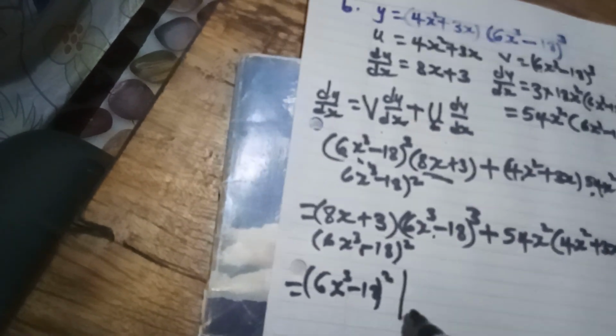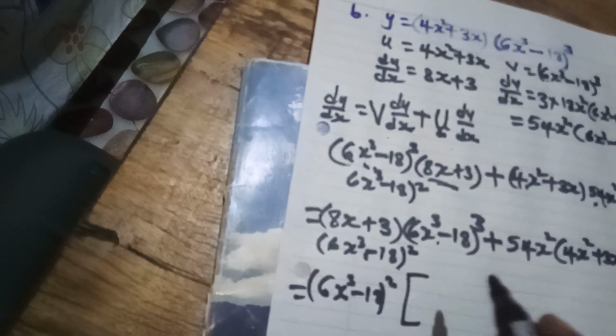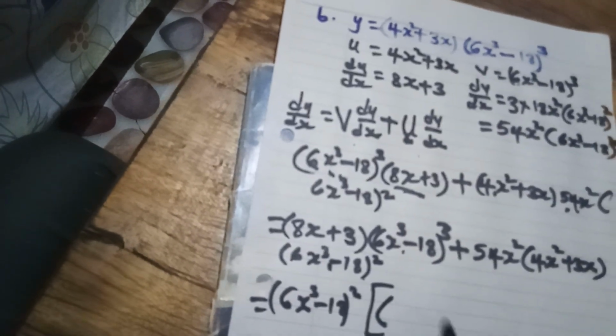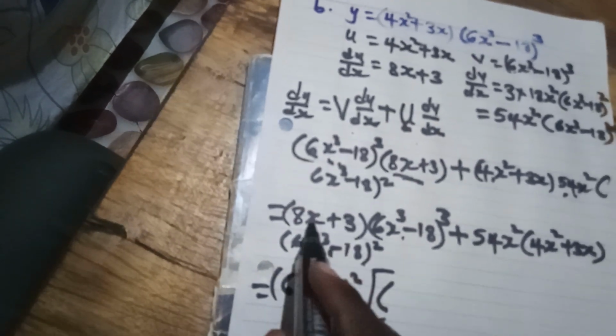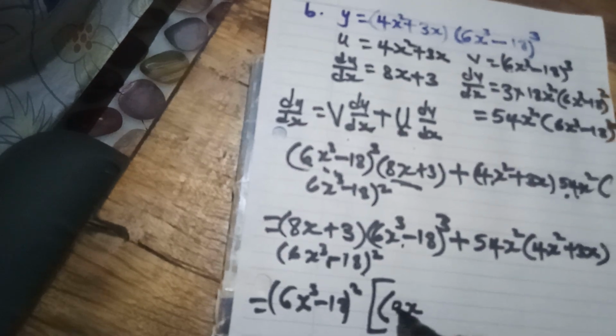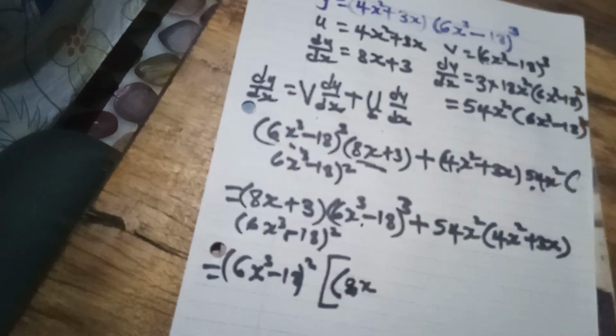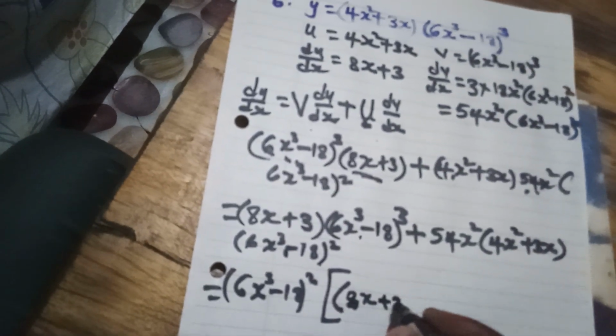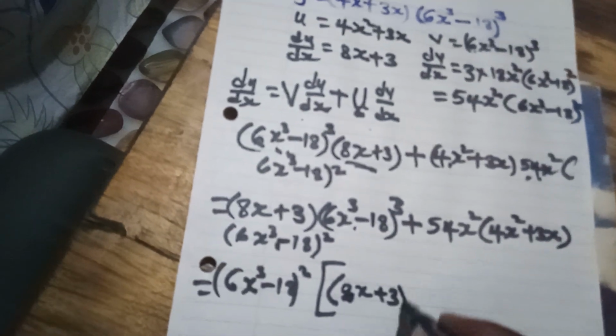In the bracket, we go with 8x plus 3, close the bracket.